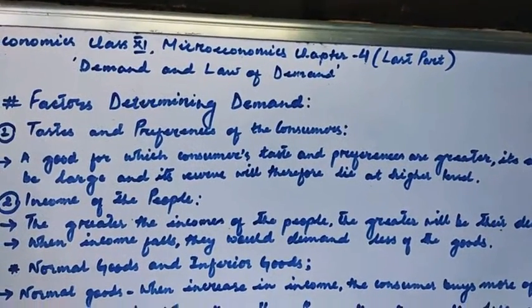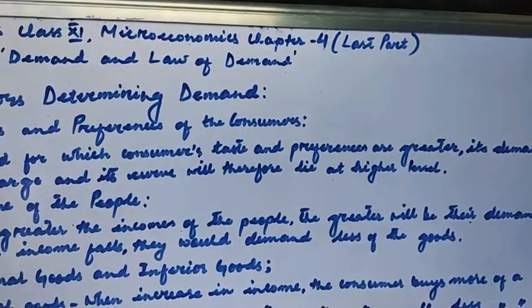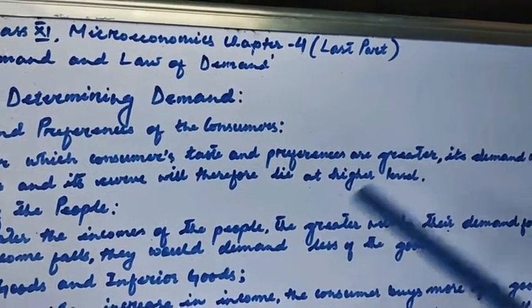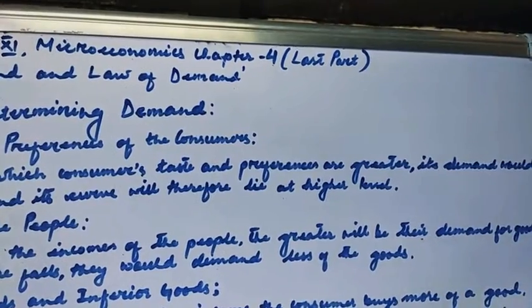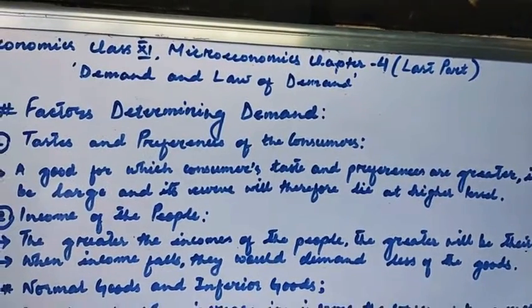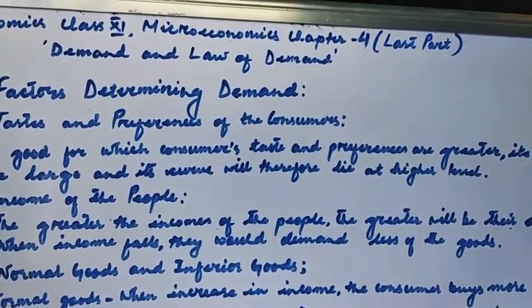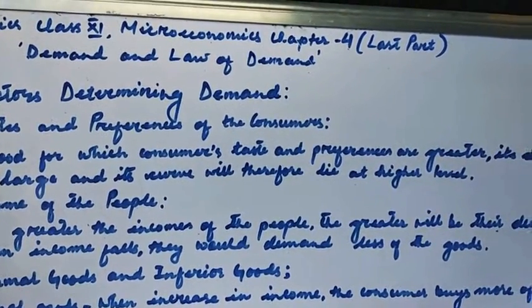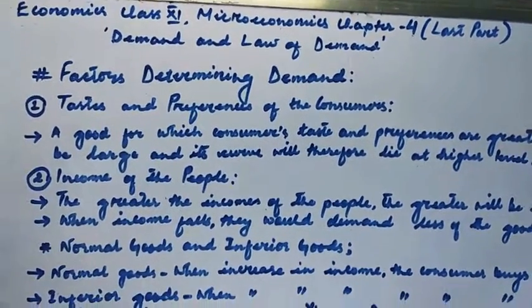So if a consumer's taste and preference is greater for a particular commodity, then the demand would also be large for that commodity and the curve will also lie at a higher level.